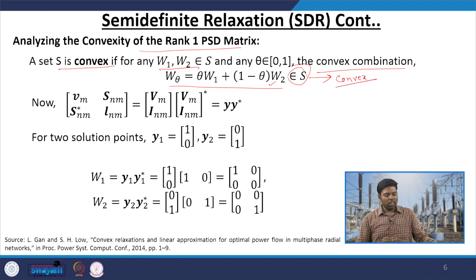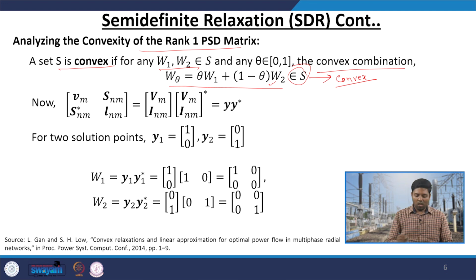So, first we have to check whether that is happening or not, where theta is between 0 and 1.